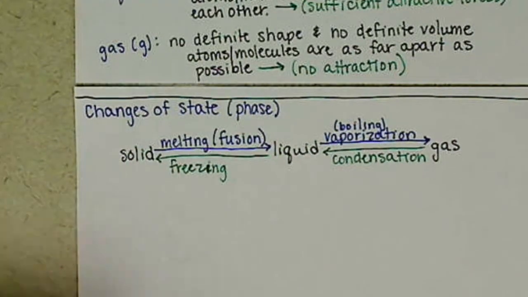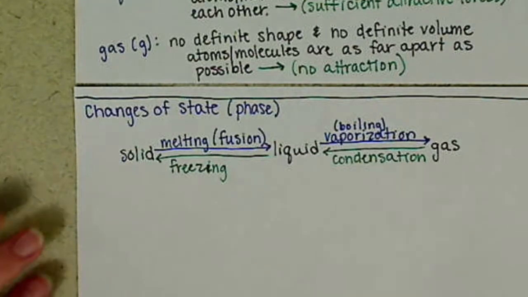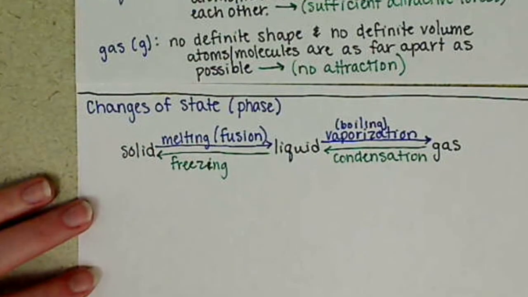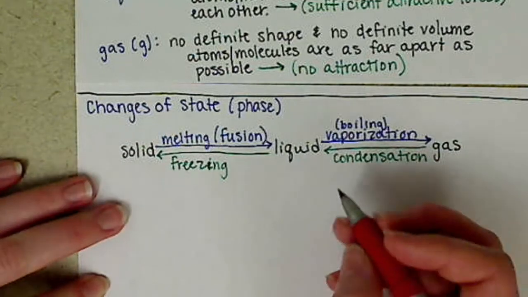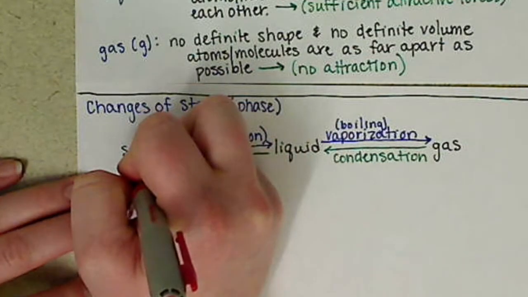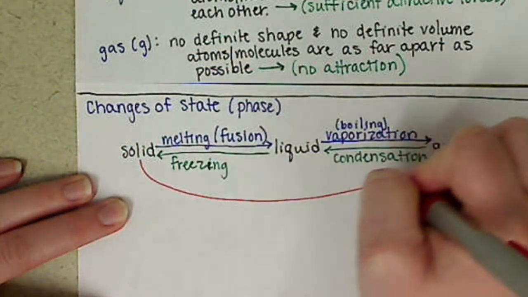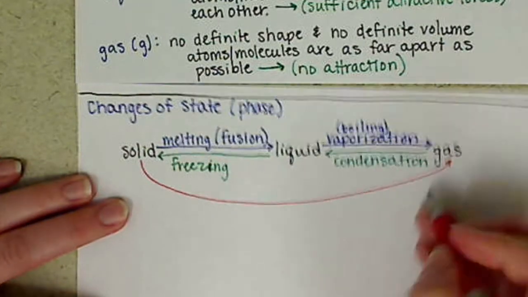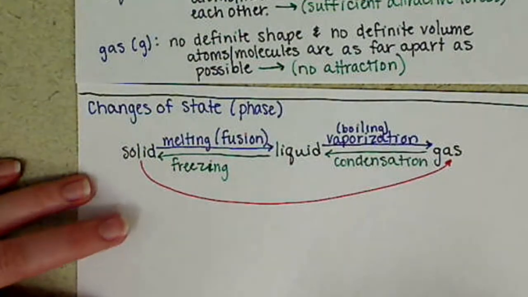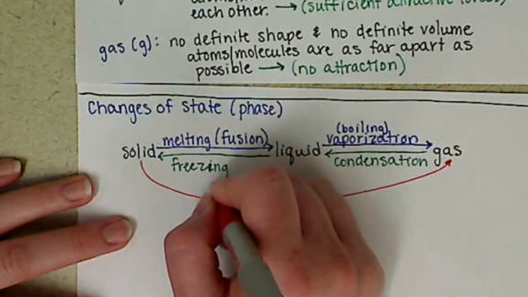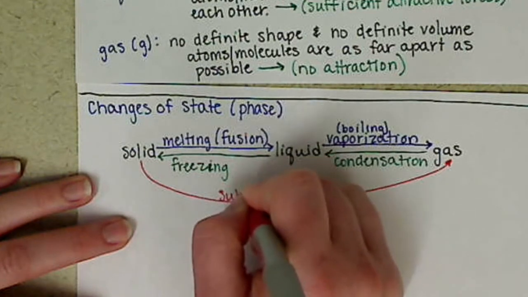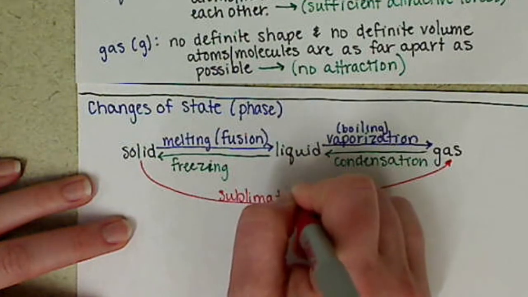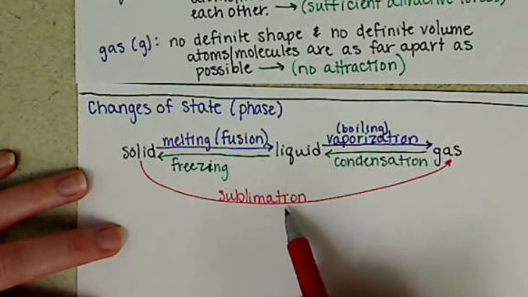We have two more changes of state that aren't very common, but they do happen. The first one is going from a solid directly to a gas without ever existing as a liquid in between. This is called sublimation. Dry ice does this at room temperature.